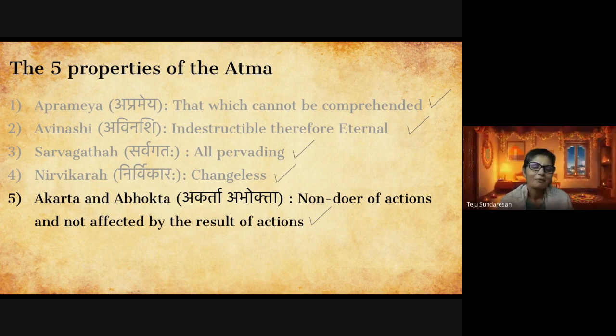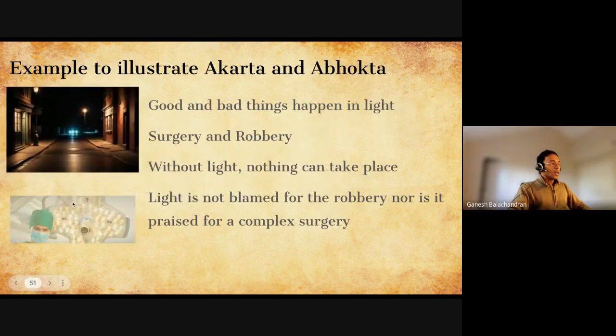When, in the light example, where is the guna coming? The guna is on the people. You can think of the light shining on the person as the Atma. The light is there everywhere. Without light, this person cannot even move.